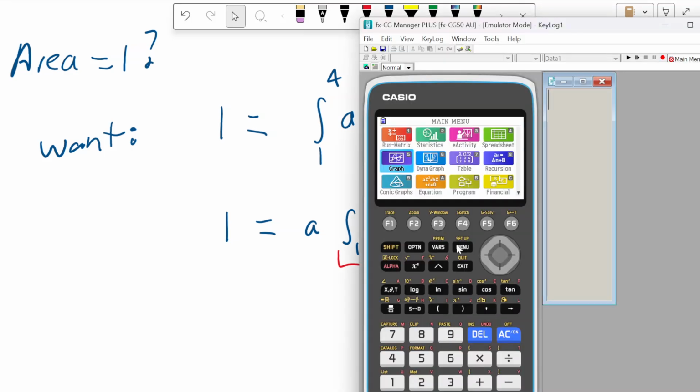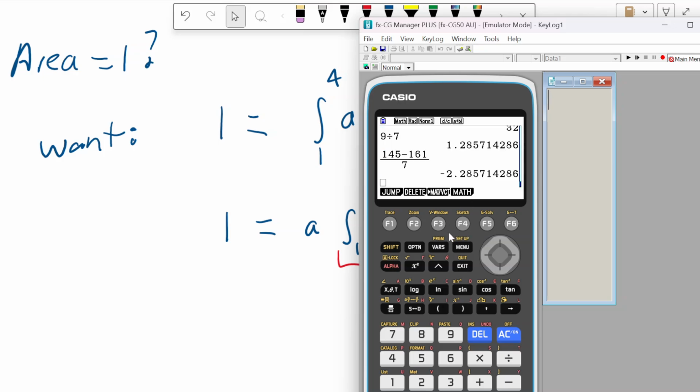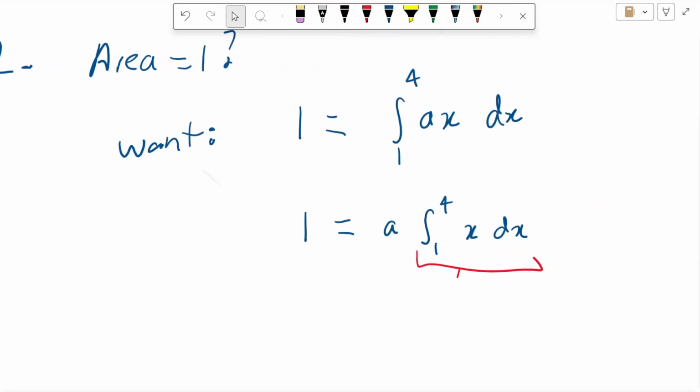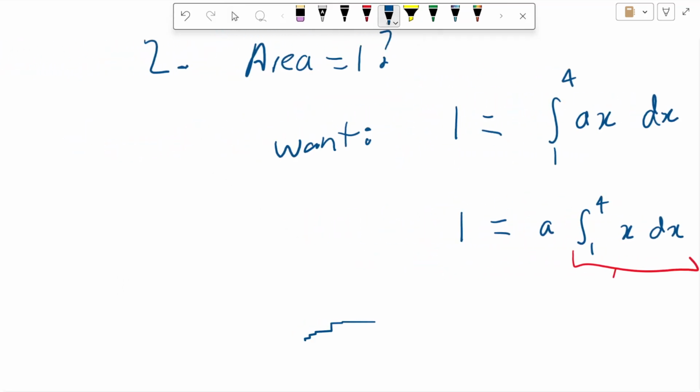So if we jump back out into run matrix, and we're going to go math, jump across to integral there. So it's the integral of x, and we're going from 1 up to 4. That's 15 over 2. So 1 is a times 15 over 2.